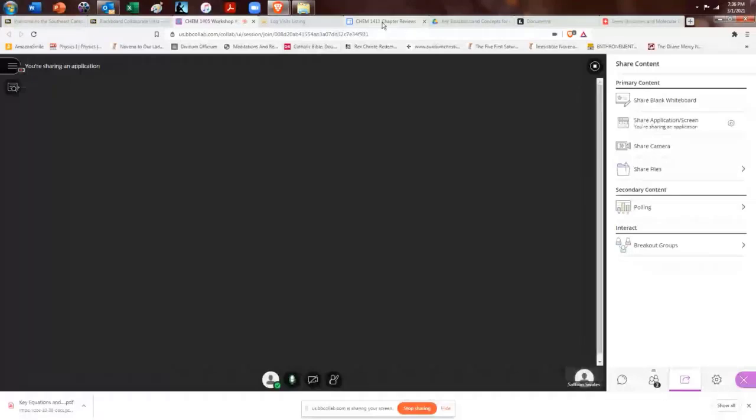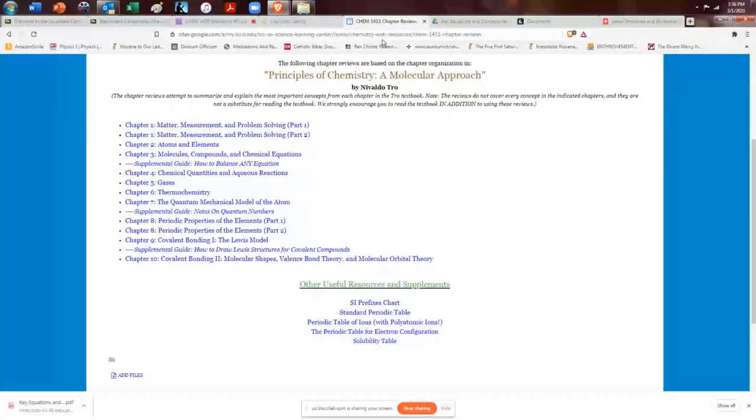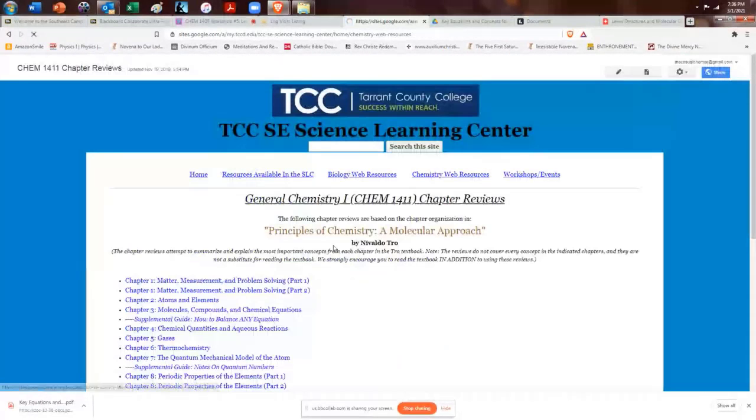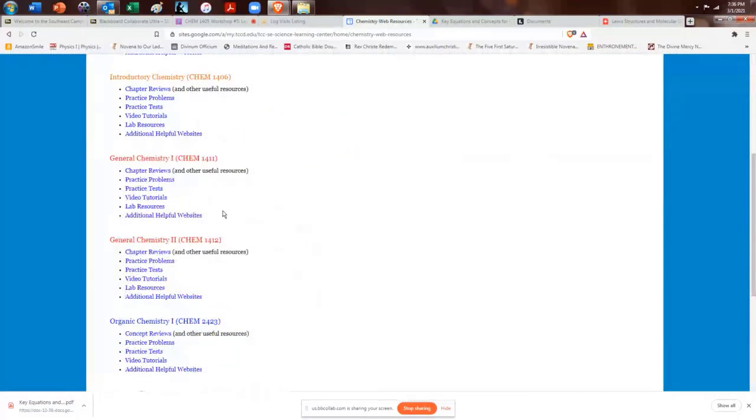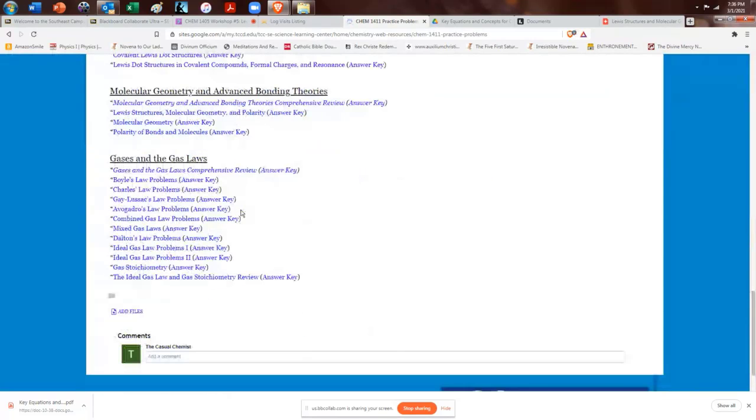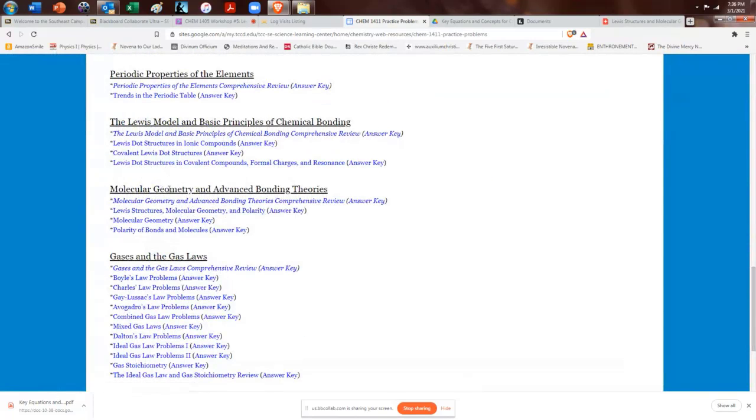Here we go. If you want more practice problems with this, a lot of what we have is under general chemistry. You can find practice problems under molecular geometry, towards the end, in molecular geometry and advanced bonding theories. So Lewis structure, molecular geometry and polarity, and so on.